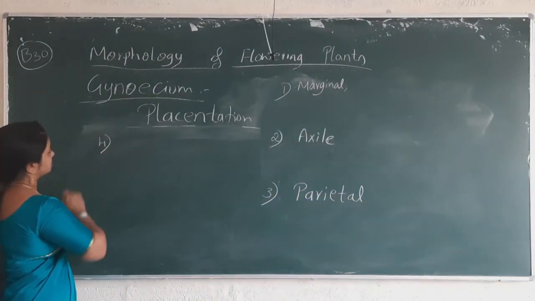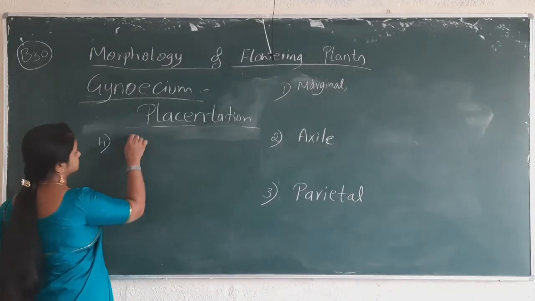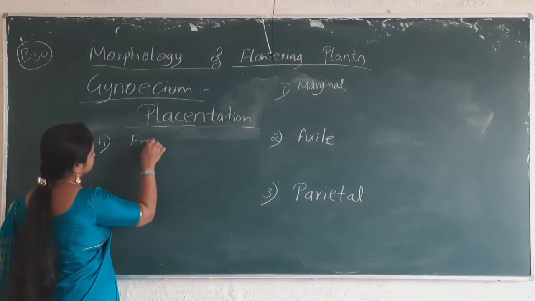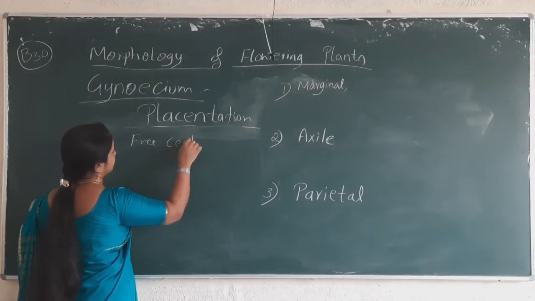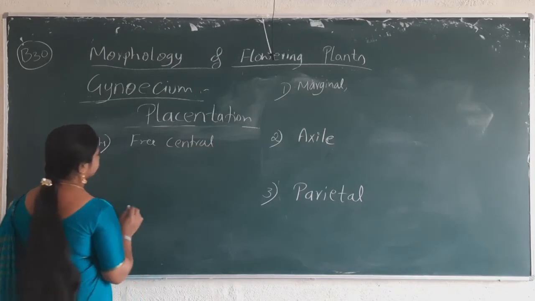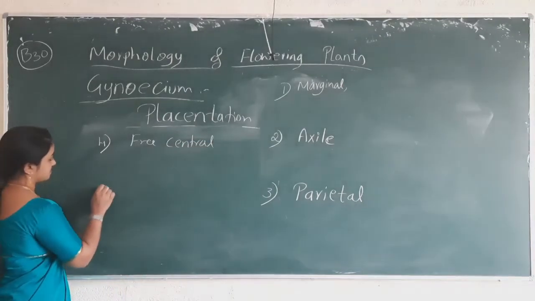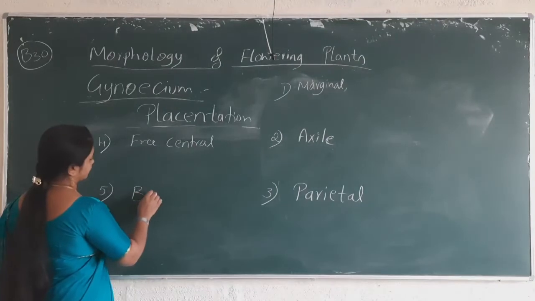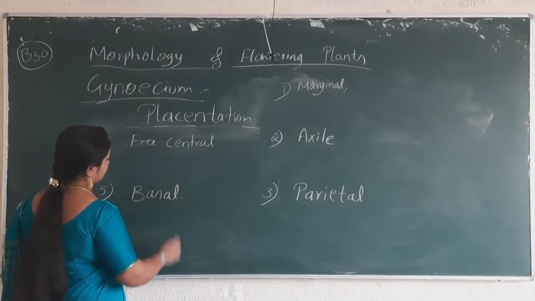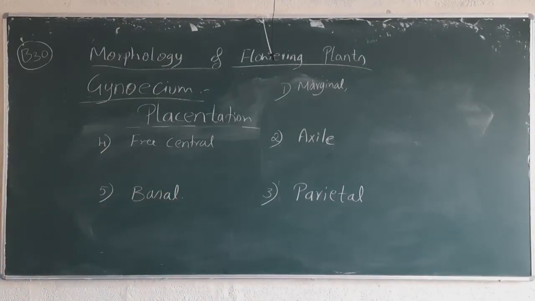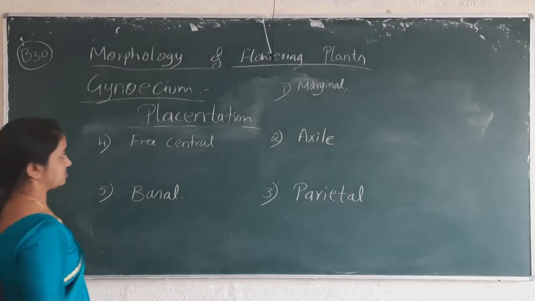Fourth one is free central, and fifth is basal placentation. So you have to study all these five types of placentation.